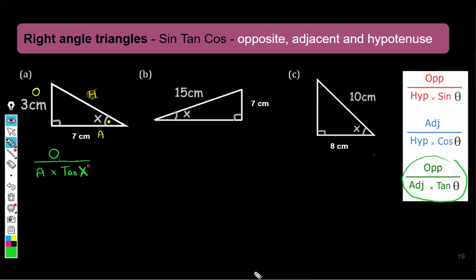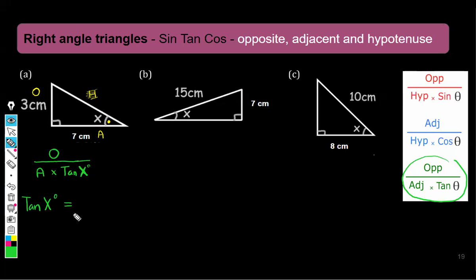Great. Now, when you're finding the angle, it's a little bit different. Remember, whatever you are trying to find, you write it down. So normally you would put x, because you're trying to find x, but the x is connected to the tan. So you have to write tan x. Everyone do that for me. Since we're trying to find x and the x is connected to the tan, write tan x.